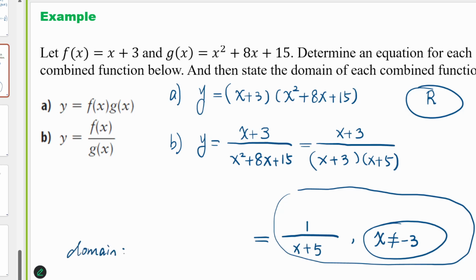Which means, what is the restriction on x? The domain is x belongs to the real number set, but x cannot be negative 5, and x cannot be negative 3, right? x can be any real number except negative 5 and negative 3.